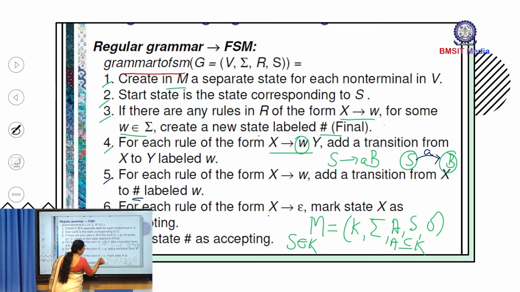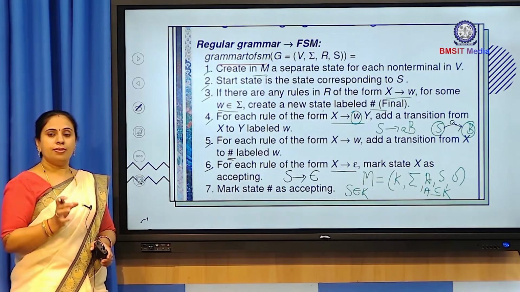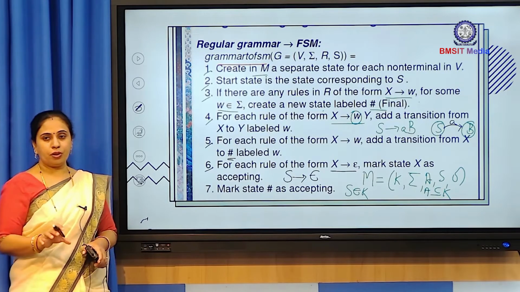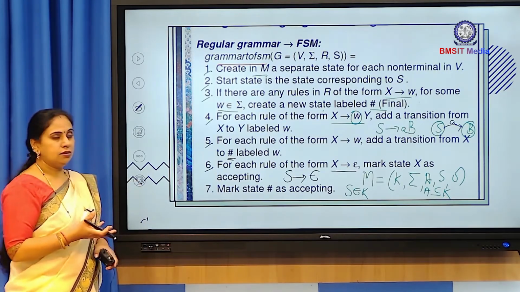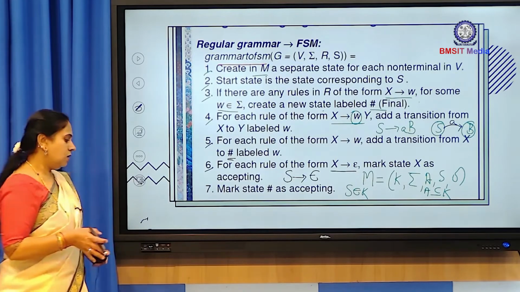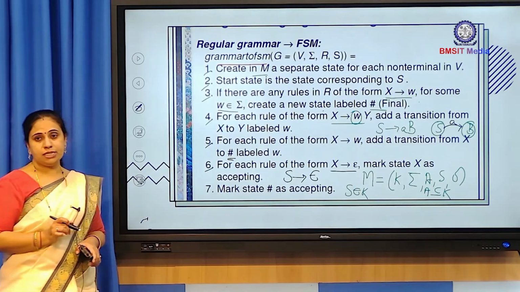If for example we had a production S tends to epsilon, it is obvious that the start state of the grammar itself is the accepting state. We can simply mark state X, or S in this case, as the accepting state.